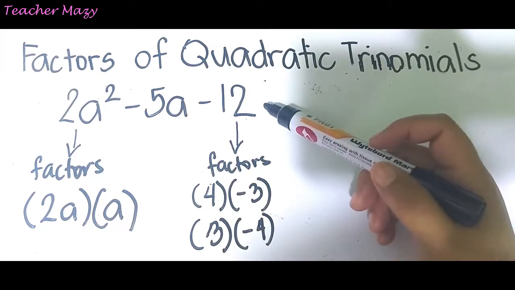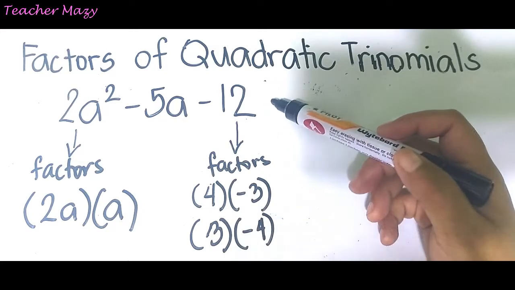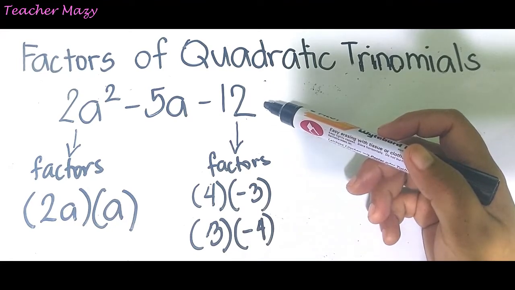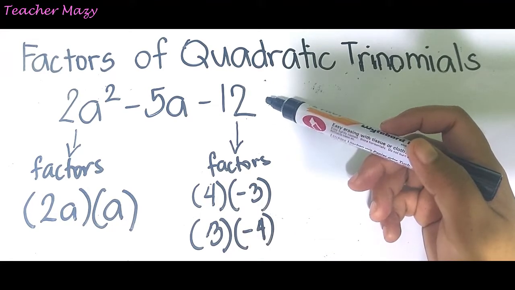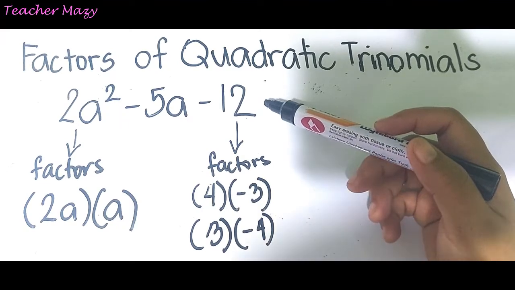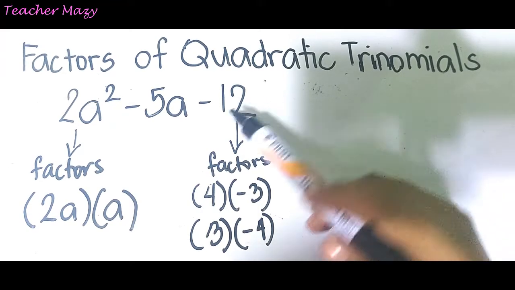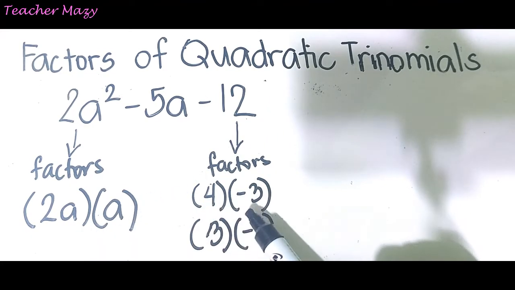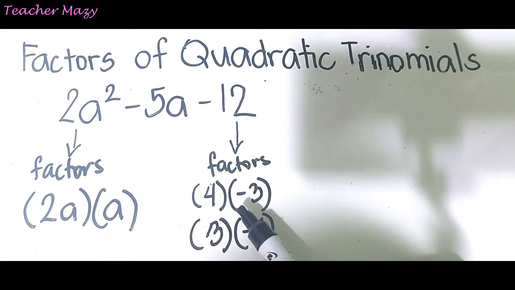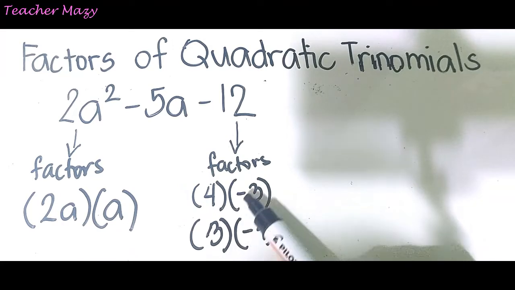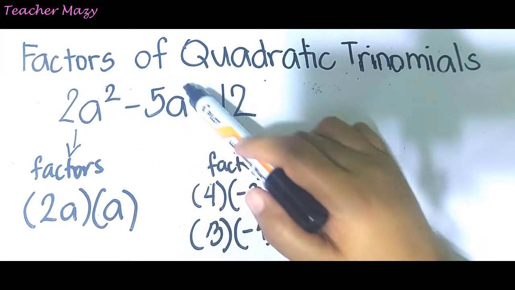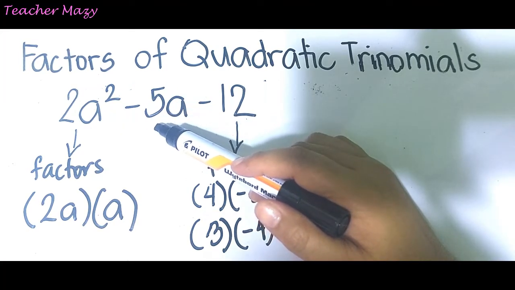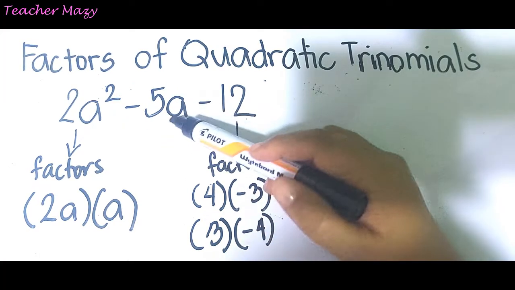To get the factors of a quadratic trinomial in this form, it is more like trial and error. We need to try and check the combinations of the factors of the first term and the last term until the correct middle term is obtained. So we are looking for negative 5a.